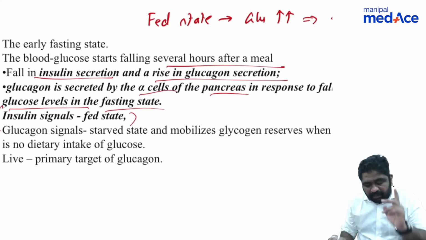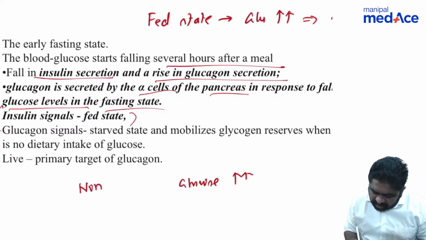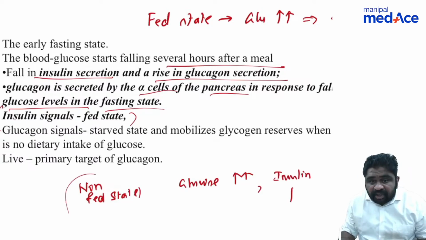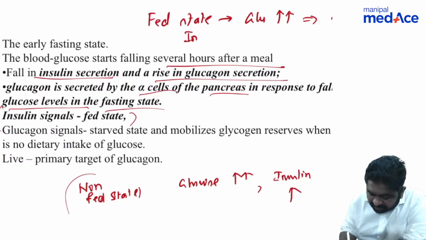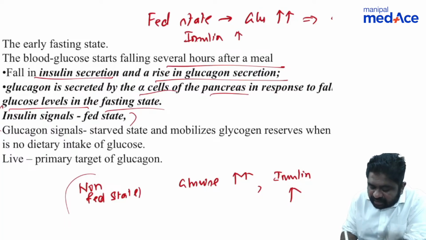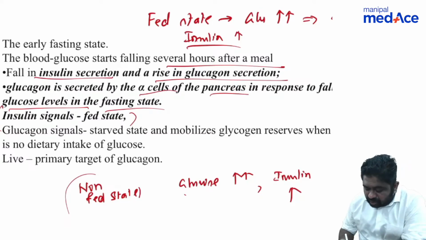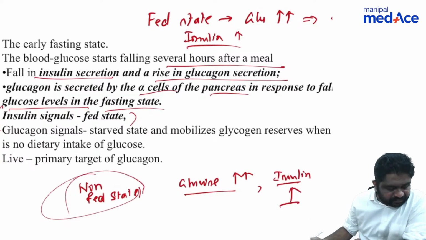Now, can you tell me when the glucose levels are high and the insulin levels are also high, even in the non-fed state? When? In the fed state, you have glucose levels elevated and insulin levels also elevated. Now, the glucose levels are elevated, insulin levels are elevated, but it's a non-fed state. Which condition?